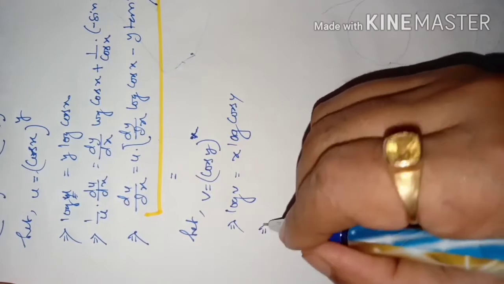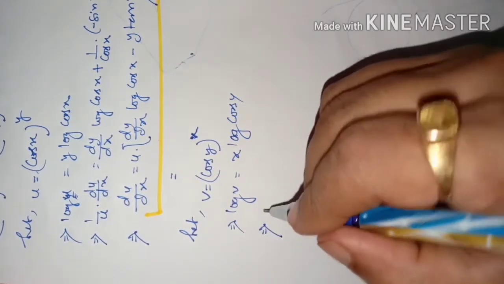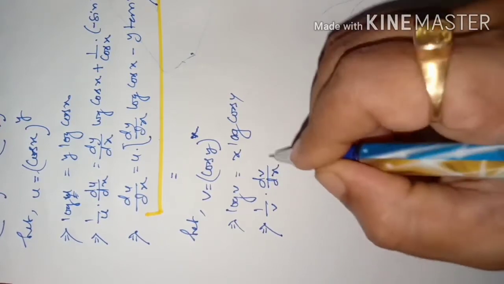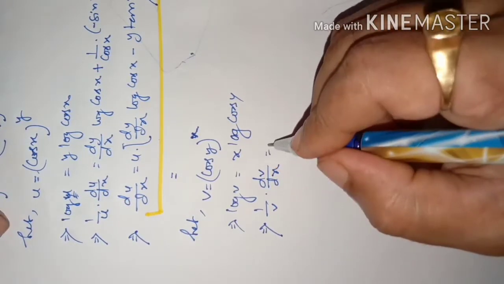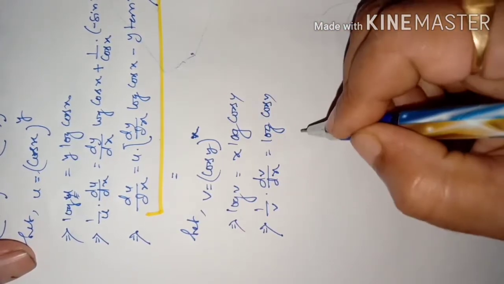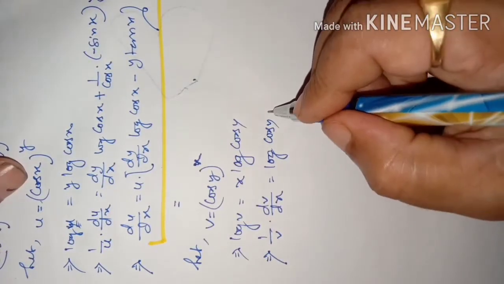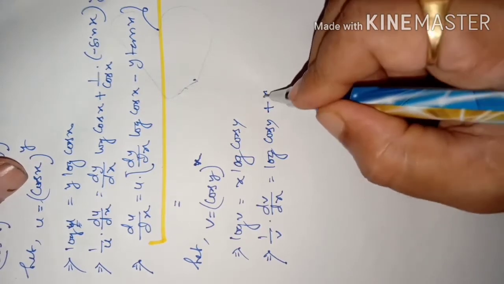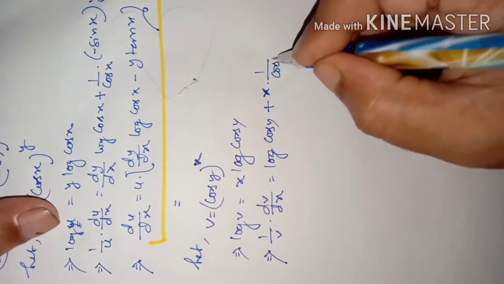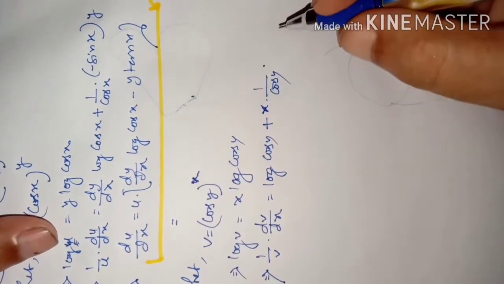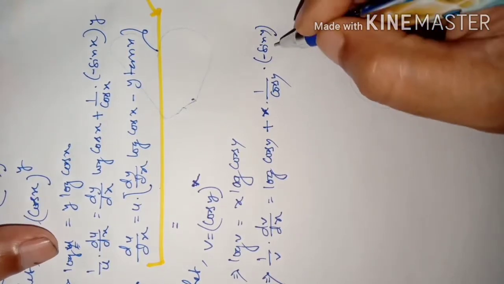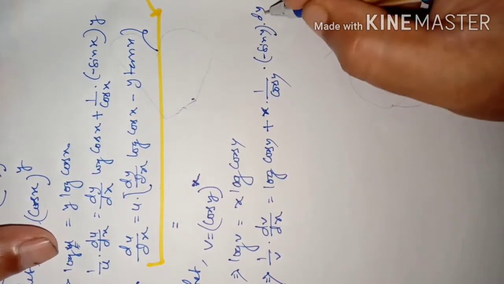Then taking derivative of both sides, 1 by v dv by dx is equal to d by dx of x, which is 1, so it will be log cos y, then plus x into d by dx of log cos y, which is 1 by cos y into d by dx of cos y, which is minus sin y, and into dy by dx.